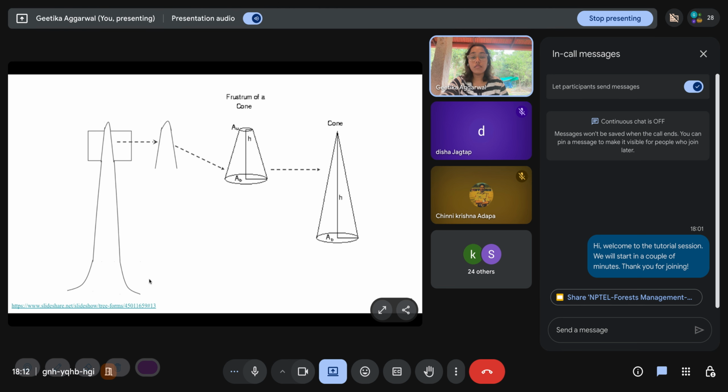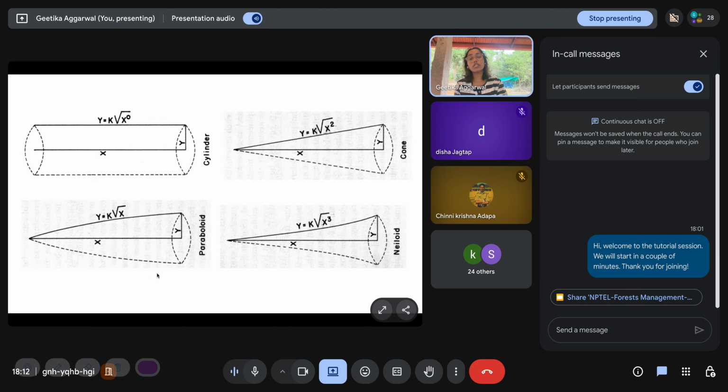Okay, moving on. So here you can see again, if it's cylindrical, then the radius is not related to the height, because x to the power 0 will basically be 1, so the radius is independent of the height of the cylinder. For cone, it's related to the first power.